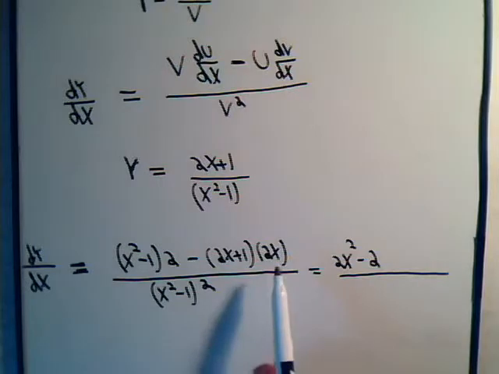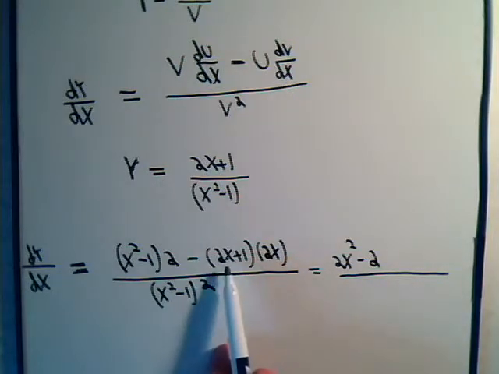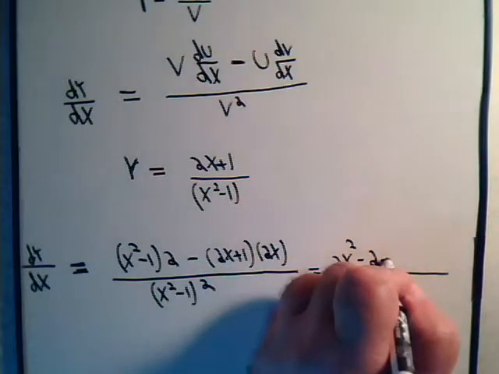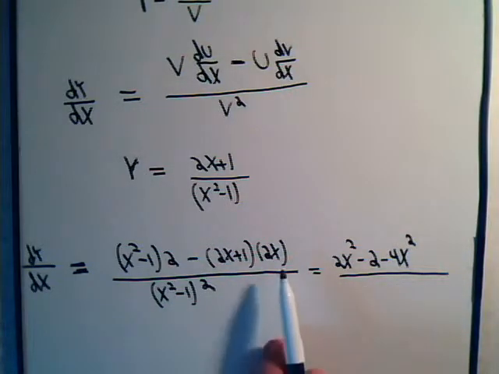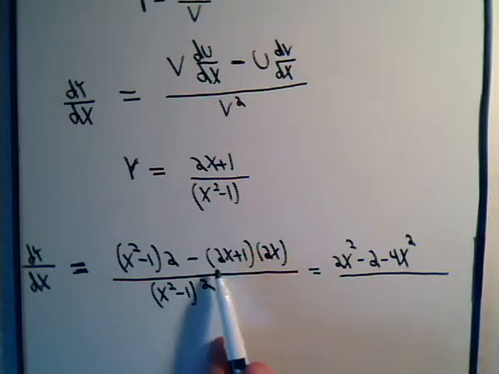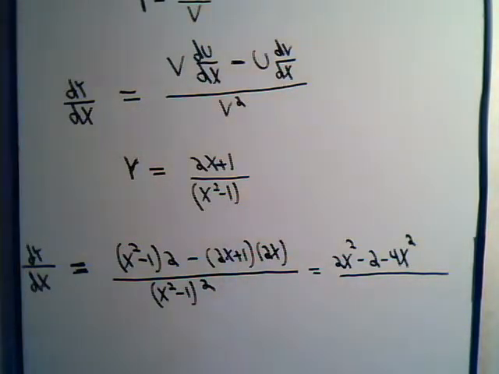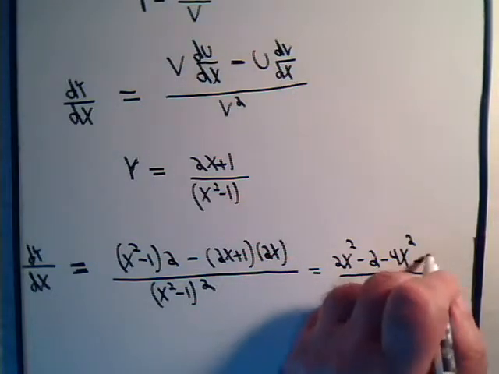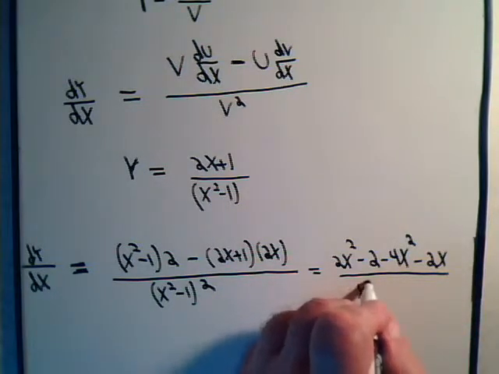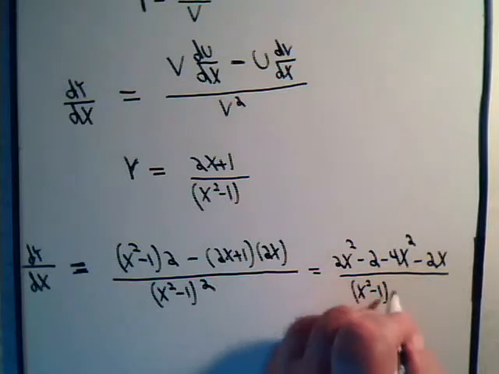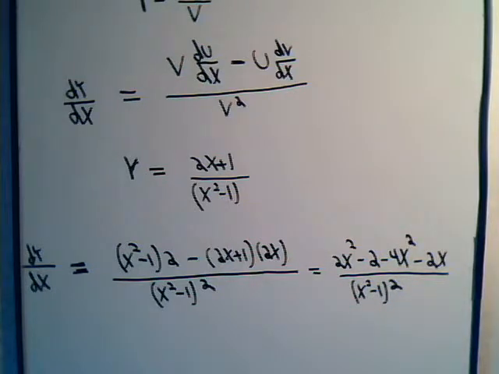And let's see, here we have 2x times 2x, that's 4x squared, minus 4x squared. And here we have 2x minus 2x. Divided by x squared minus 1 quantity squared.